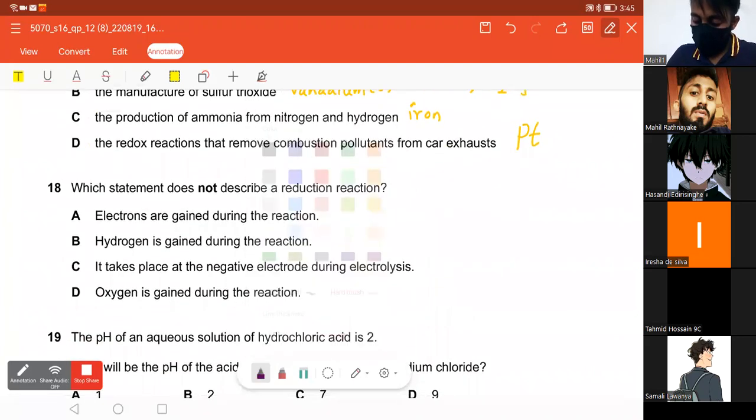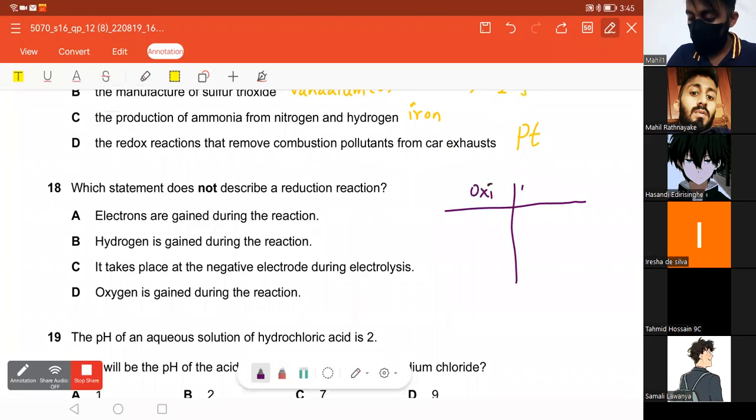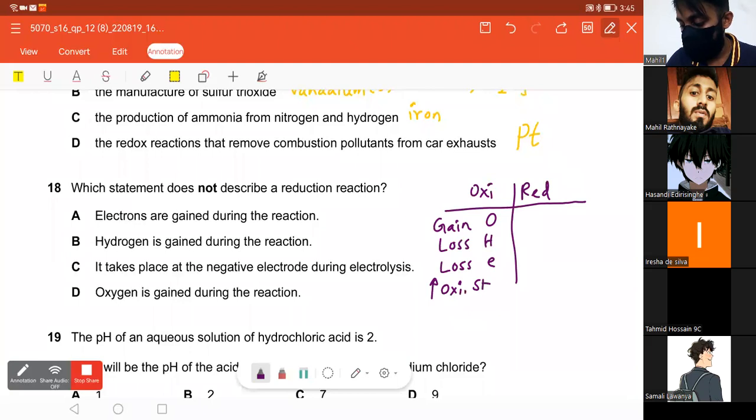Write the oxidation and reduction difference, start. Oxidation: gain oxygen, lose hydrogen, lose electrons, increase the oxidation state.